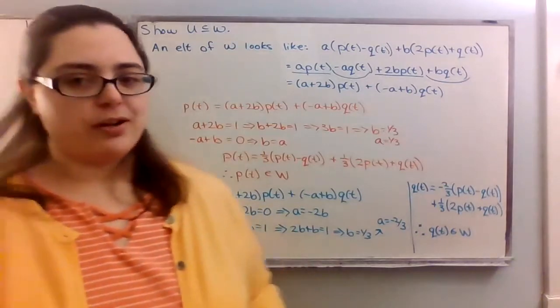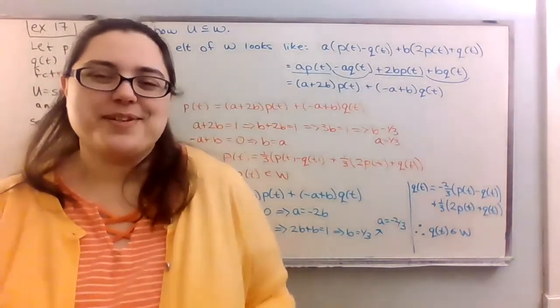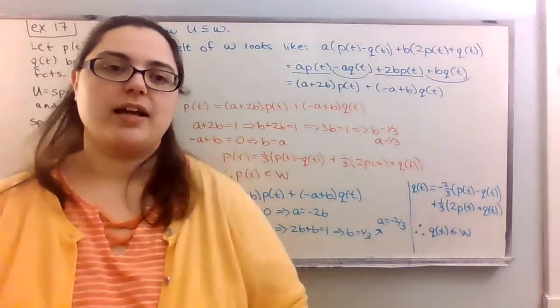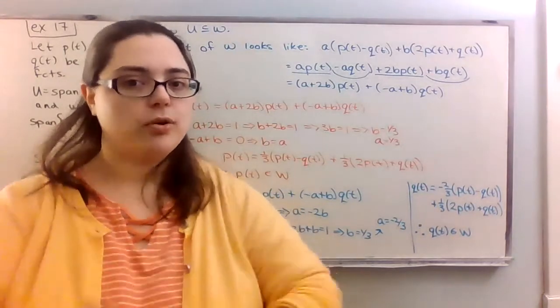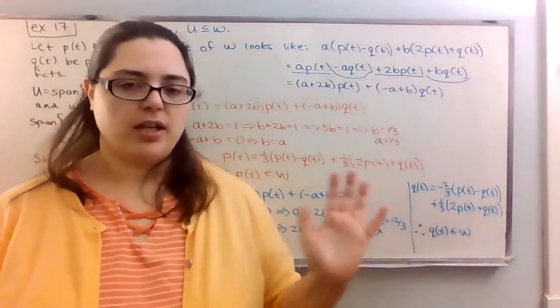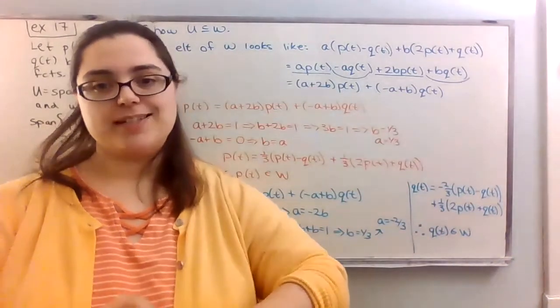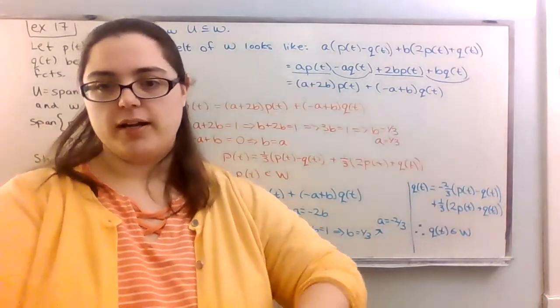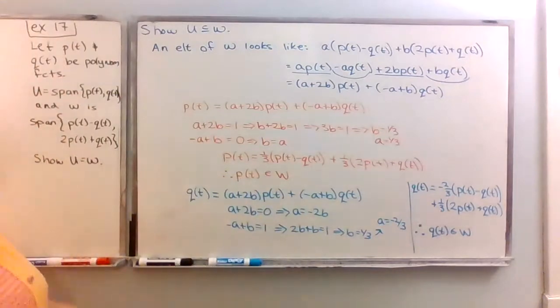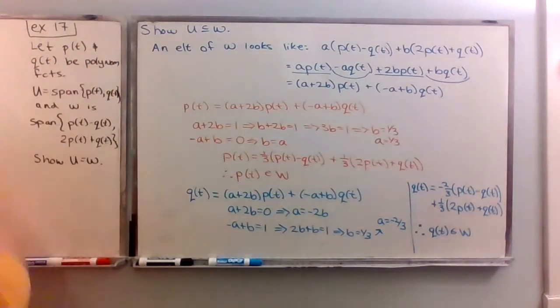This is where theorem 9 is going to come into play. Theorem 9 says that in order to show containment, you don't have to check every possible thing in the set. You just have to check its defining features for its span. And because spans are subspaces, everything's good here. We're following the conditions of our theorem.